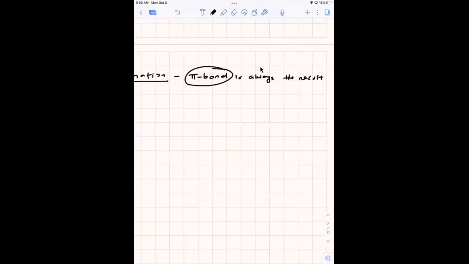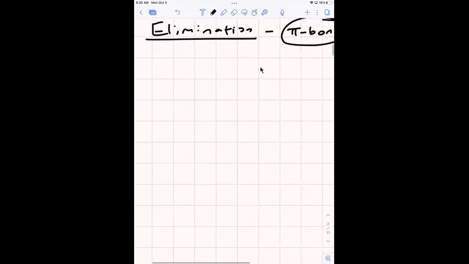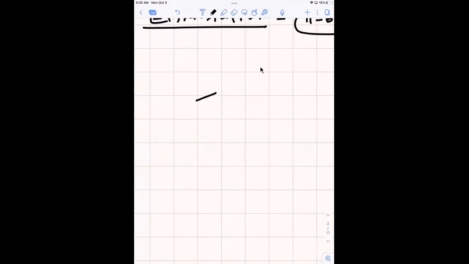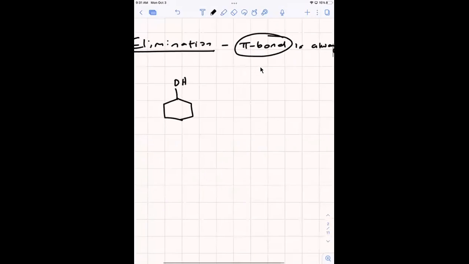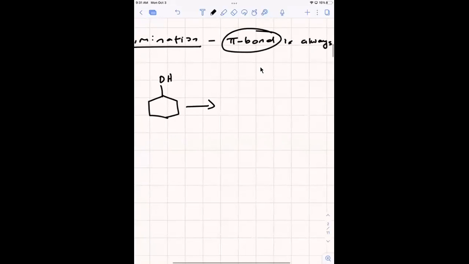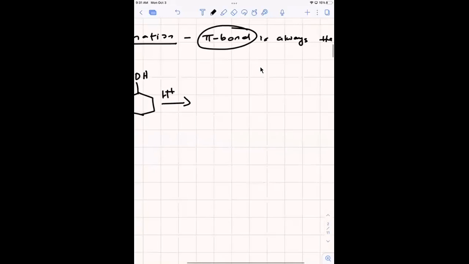So I'm going to use the same example, and I'm going to protonate it with some acid source so I can make that OH a better leaving group.